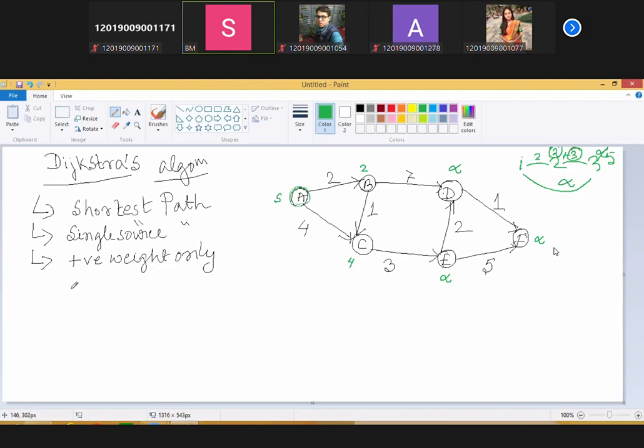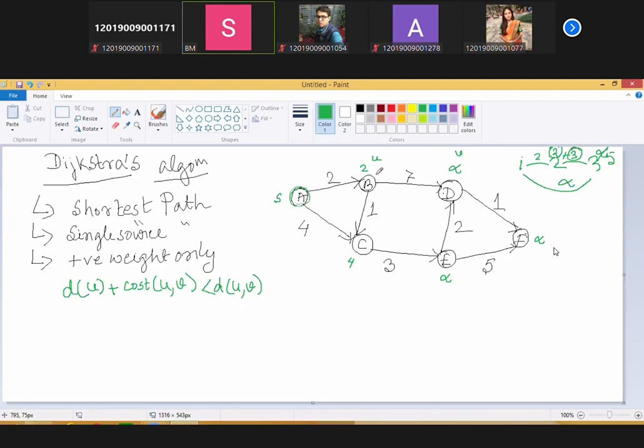Fine. The Dijkstra algorithm is based on one thing: if you consider two nodes, say this is U and this is V, then distance of U, meaning from the starting node what is the distance of this node, plus cost of U comma V, is to be compared with distance of V. Now, what does it mean?